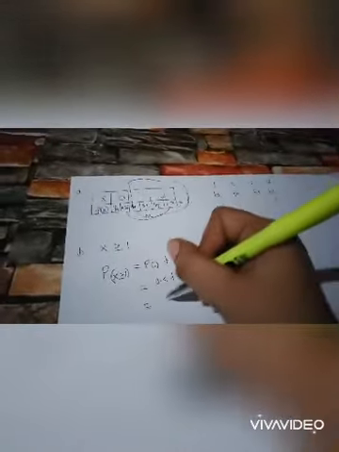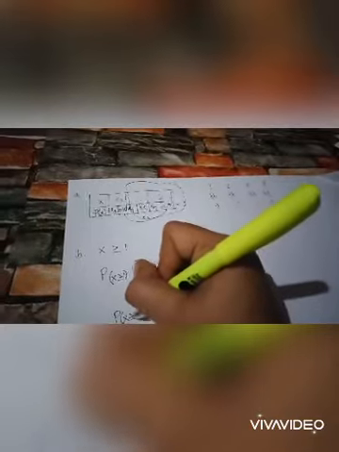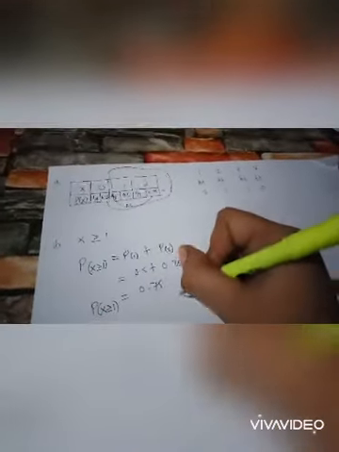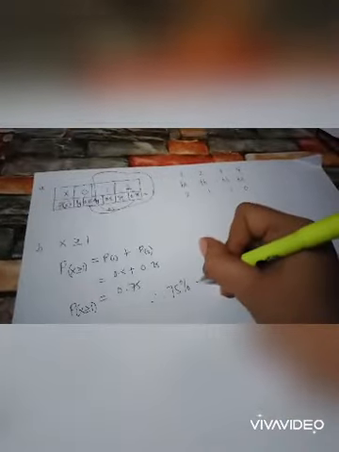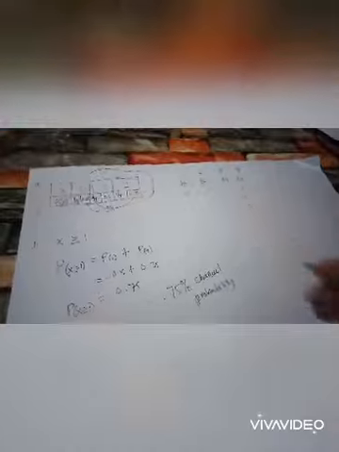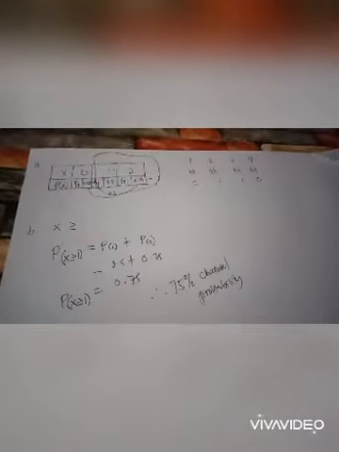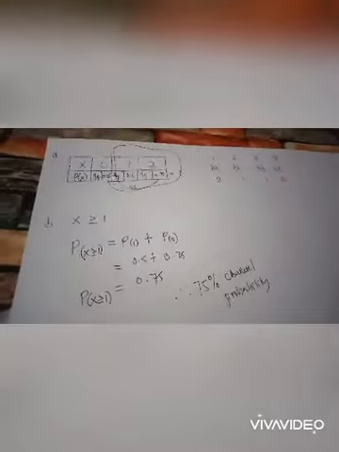So add the 2, that is 0.75. This is your probability of getting x greater than or equal to 1. So you can conclude that there is a 75% chance or probability that you can get at least one head in tossing a coin twice.